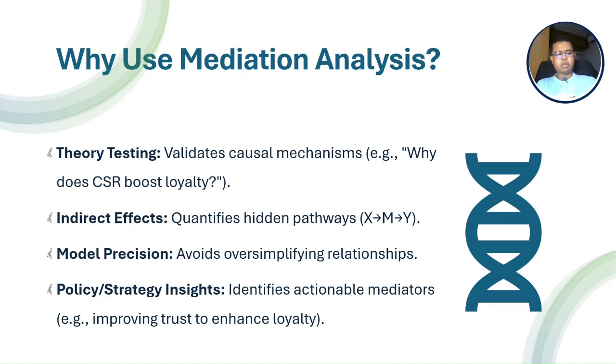Then model precision: we can avoid oversimplification of the relationship. And finally, policy or strategy insight: identify actionable mediators, for example, improving trust to enhance loyalty. For these reasons, we can use mediation analysis.